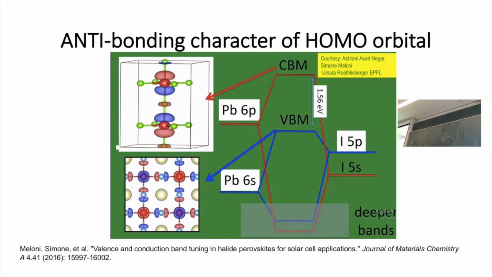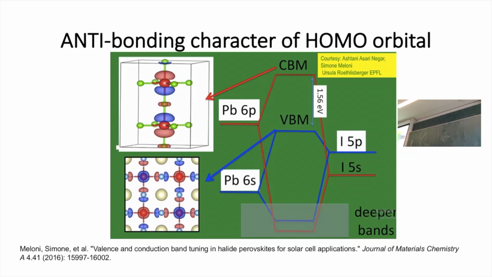This is the p orbital on the iodine. So it's that one, basically. So they mix. Now you have atomic orbitals, like in the hydrogen atom, but you can put them together, they can mix, they can make two new orbitals. And that's what's happening here. This is the formamidinium or the cesium.